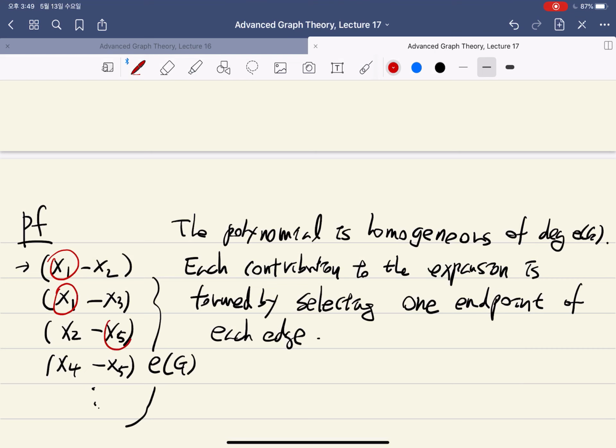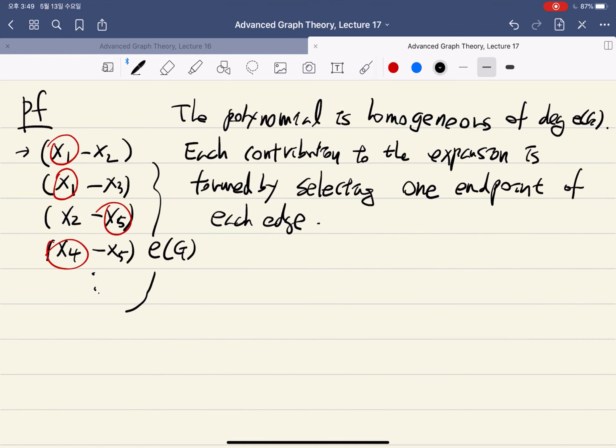We choose this, and then multiply, and that's each monomial.